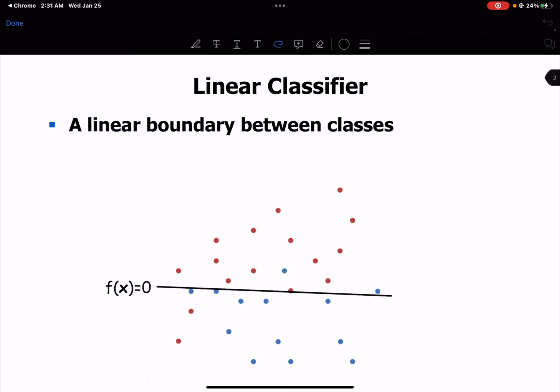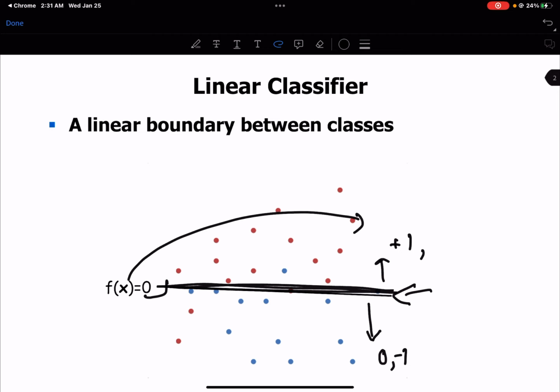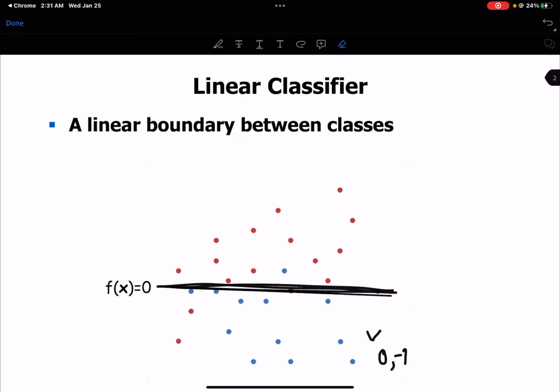So in the linear classifier, what we were trying to do was to find a boundary between our classes such that the value of f of x, the linear regression line, at this point is 0. If you go below this boundary you get, for example, a 0 or -1, and if you go above this boundary you get the function value +1. So this is the linear classifier concept that we have studied before, and here we can determine a hard boundary, either 0 or 1.